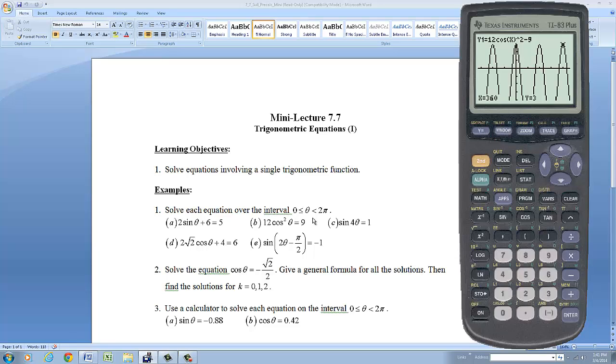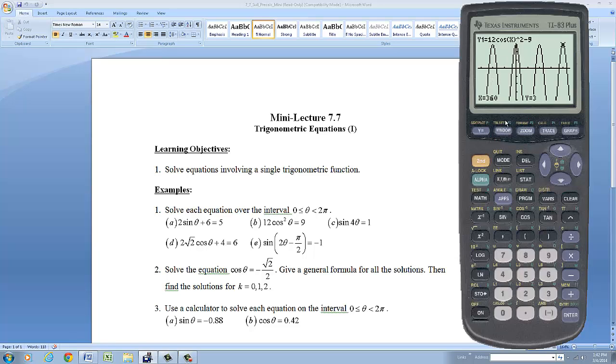So again, that's pi over 6, 5 pi over 6, 7 pi over 6, 11 pi over 6 for those solutions.